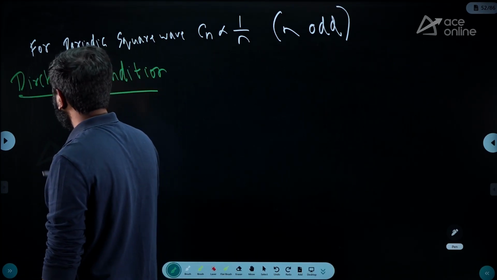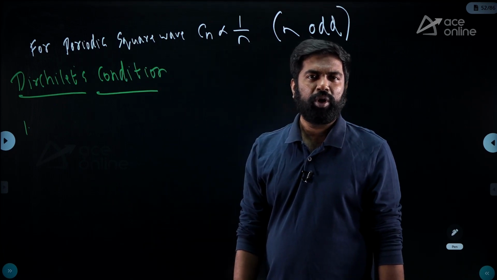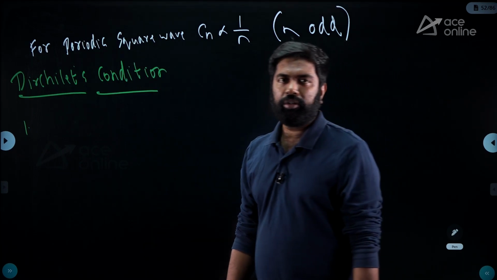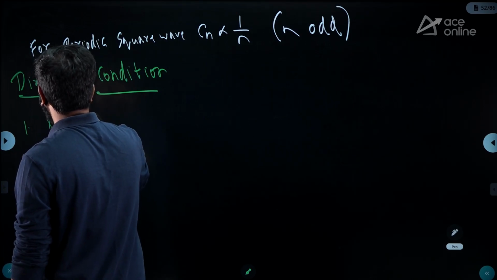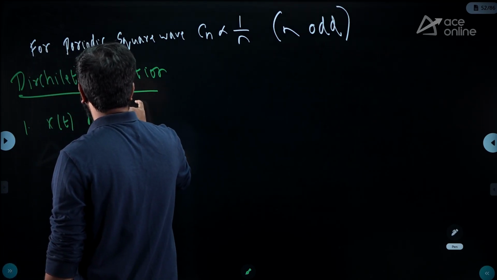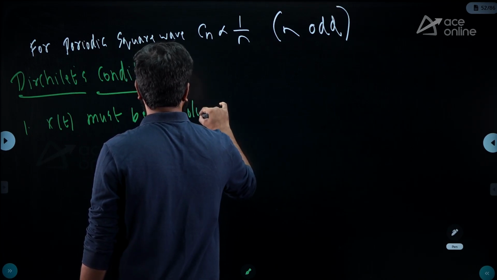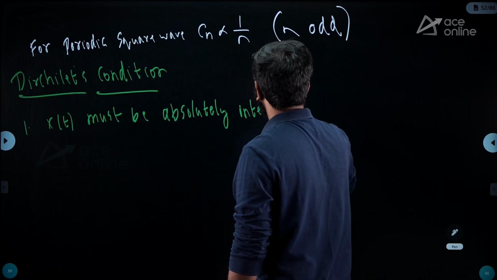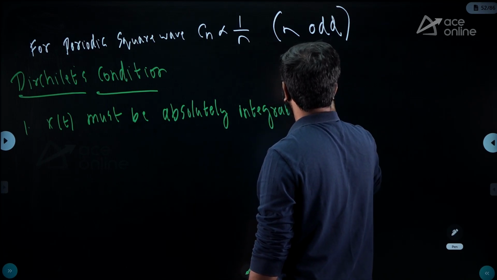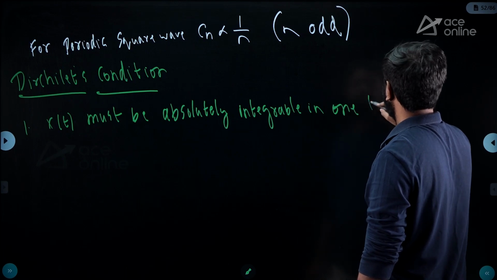A valid Fourier series representation means the periodic signal must be absolutely integrable in one time period. So x(t) must be absolutely integrable in one time period.